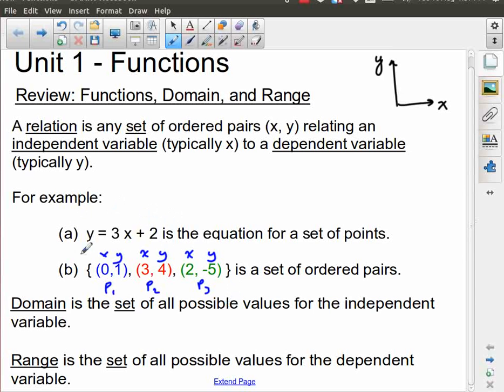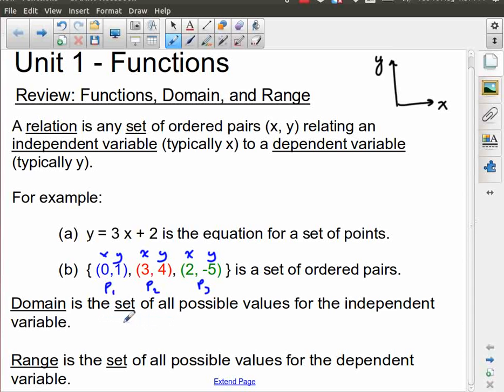In part A, it's not terribly difficult, but there's a little bit more thinking that goes into this. Sometimes when we're thinking about domain, we talk about what's allowed, but if you run into problems with that, if you can't look at something and say, what am I allowed to put in here? What I want you to do is ask yourself the question, what am I not allowed to put in here?